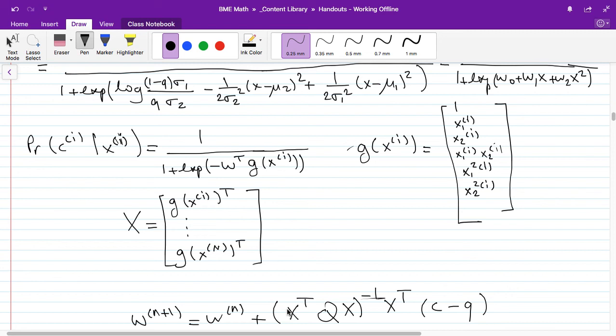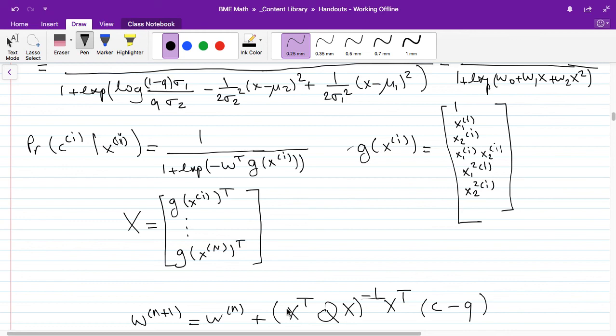So in principle, regardless of whether the variances are equal or not, as long as it's normally distributed, your logistic function can be written as a linear function in the parameters W that you're trying to find, inside the exponential, which means you can apply iteratively reweighted least squares and find the parameter W that maximizes the likelihood of the data that you have.